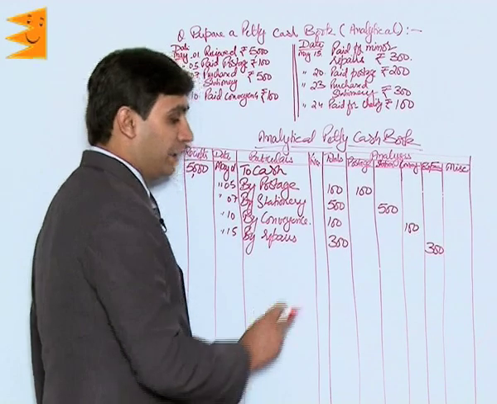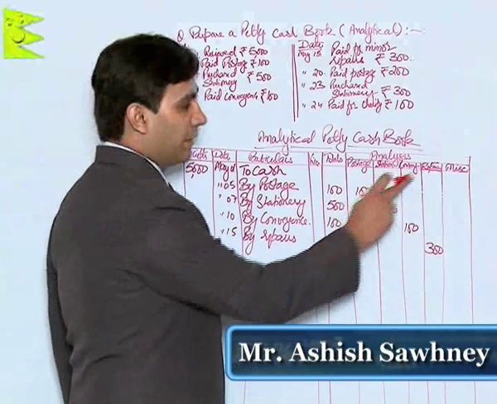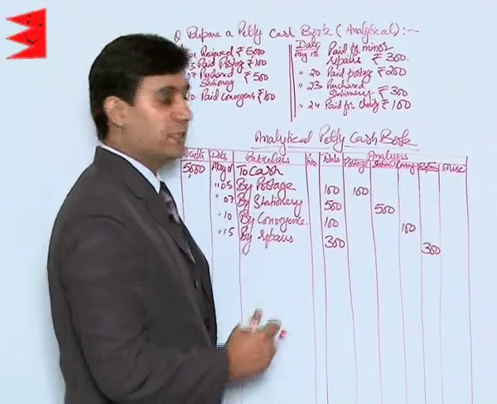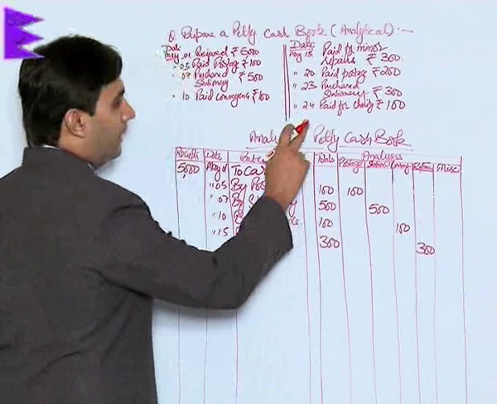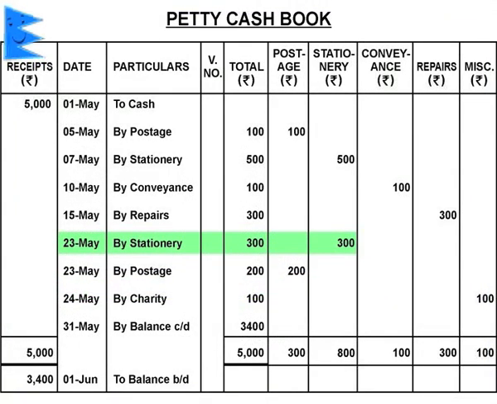Recalling the same fact that the entry is made in the totals column and in the sub column for analysis of the same heading if it is there, and if it is not there, then the entry would be put in the miscellaneous column. Now the entry on 23rd of May, purchase stationery again. So now by stationery 300 rupees in the totals column and 300 rupees here in the stationery column.